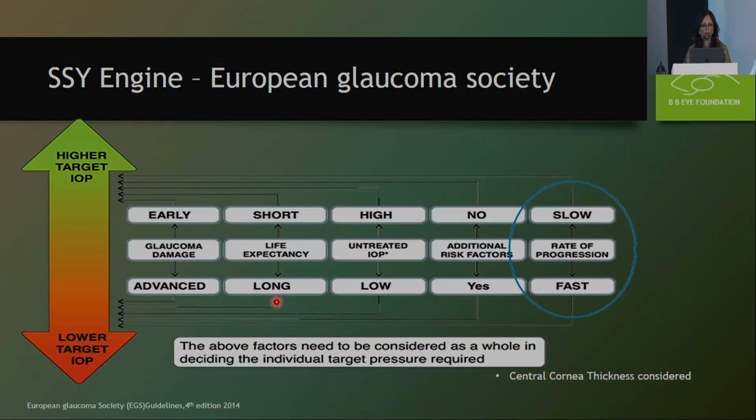If it's long, then lower target. Untreated IOP low, higher target; untreated IOP high, lower target. No additional risk factors, higher target IOP. Additional risk factors, lower target IOP. And rate of progression: if it's slow, higher target IOP, and if it's fast, then lower target IOP. So that's a very simple way to actually set your target IOP.